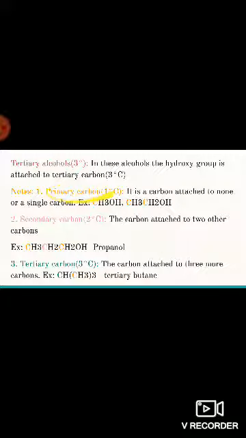First one, primary carbon. A primary carbon is a carbon which is attached to no other carbon or to a single carbon.